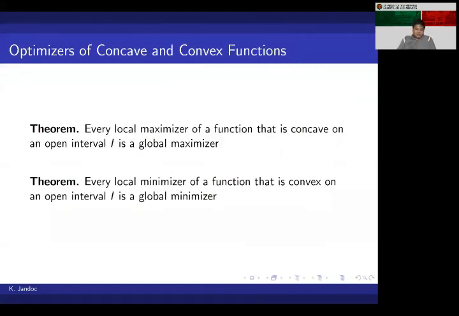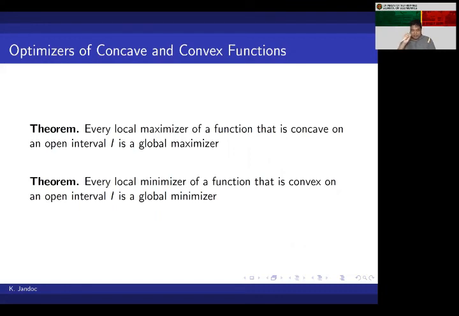Now, as you notice, when we tried to sketch the intuition of the previous two theorems on the previous slide, you notice that that local minimum or maximum is also a global minimizer or maximizer.